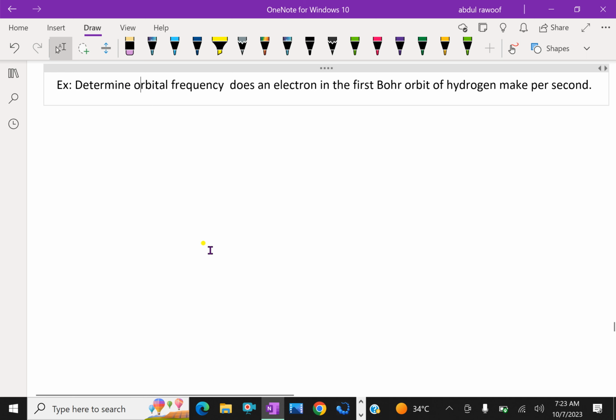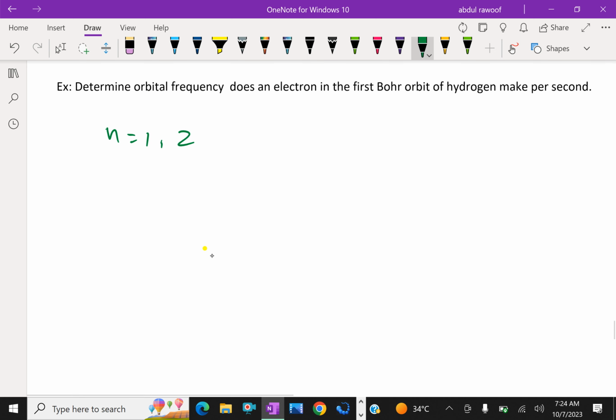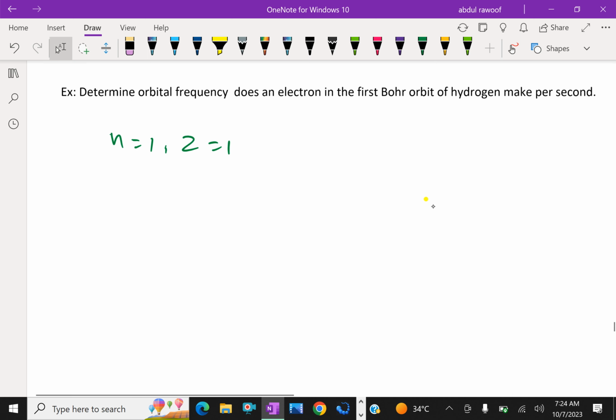Now here the given n equal to 1, first Bohr orbit, and z equal to 1 for hydrogen atom. Atomic number is 1.